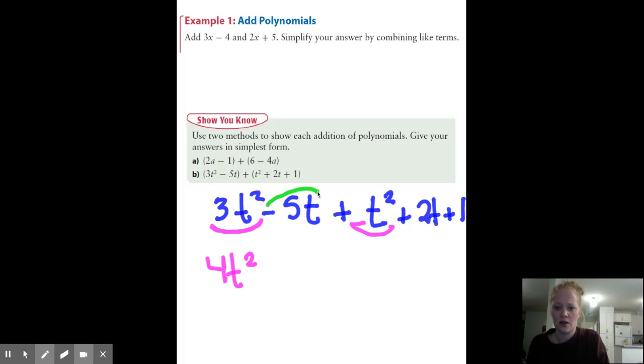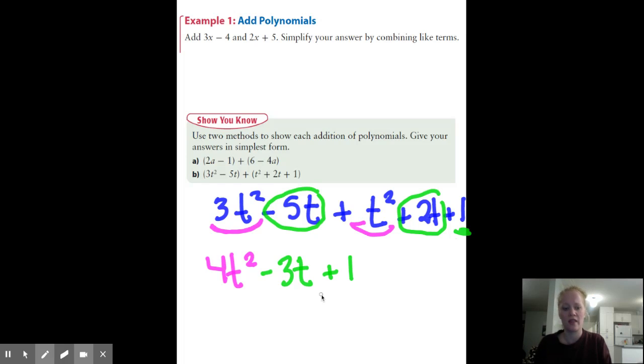So we have negative 5t there and we have plus 2t here. So we get negative 3t. And then we only have one constant left, which is plus 1. That is adding polynomials.